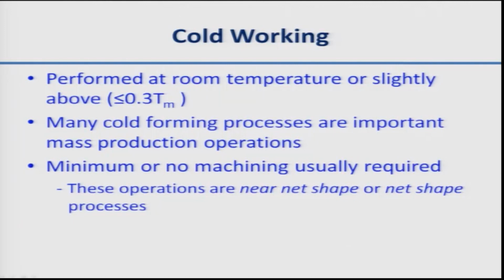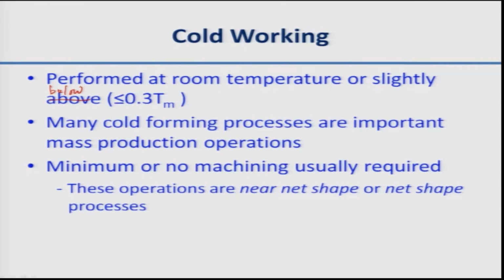Similarly, one can also do cold working, that is deformation of a material at a temperature below 0.3 Tm. For steels, 0.3 Tm is something like 350 to 400 degrees Celsius, which is what is known as cold working for steel.